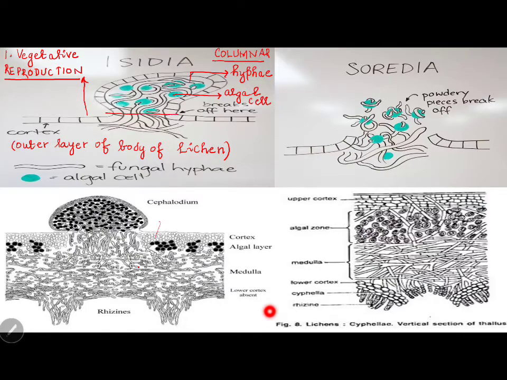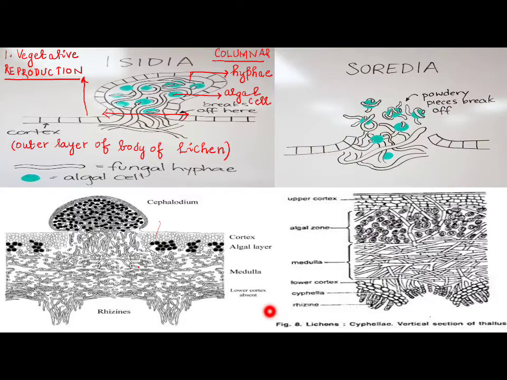This structure detaches on maturity and wherever it falls, it will develop into a new lichen. So Isidium is a vegetative reproductive structure. So it does not have anything to do with respiration.